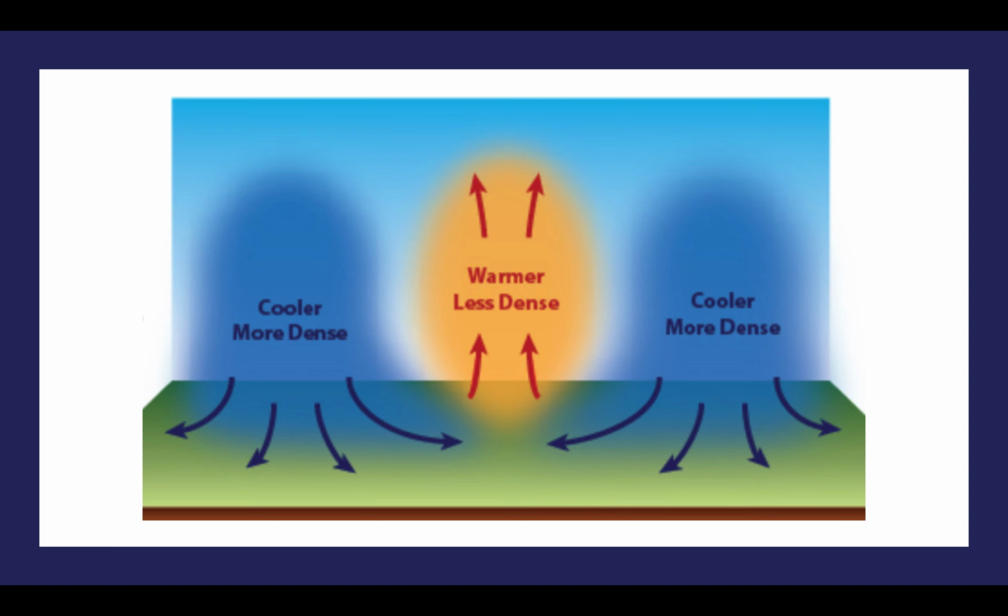The cooler, more dense air goes in towards the land, while the warmer, less dense air rises up over it. At nighttime, when the land has significantly cooled, the water body will be warmer. So the warm air will flow over the cool air to the land, while the cool air from the land will flow out to the sea.